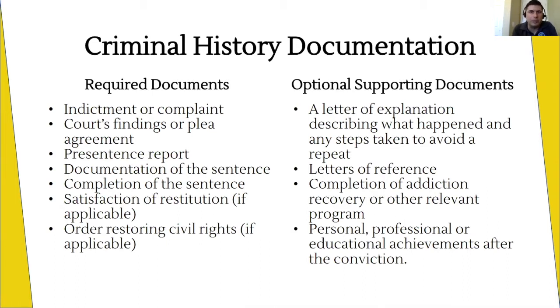Something like that is less likely to be approved, but we review everything. So don't be afraid to apply if you do have a felony. Just supply us with the documents that are required and suggested, and it'll be reviewed.